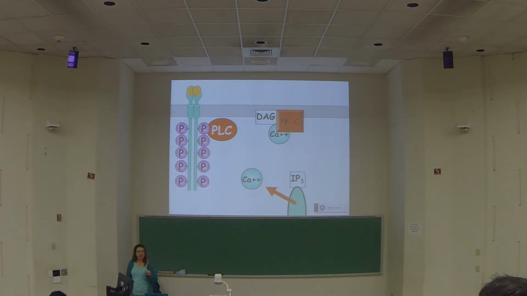IP3 opens up calcium channels in the ER. Calcium and DAG activate protein kinase C. All right, so it's the exact same signal transduction pathway, it's a different initiation. Rather than a GTP-bound alpha subunit activating it, phospholipase C is activated by interacting with these phosphorylated tyrosines.